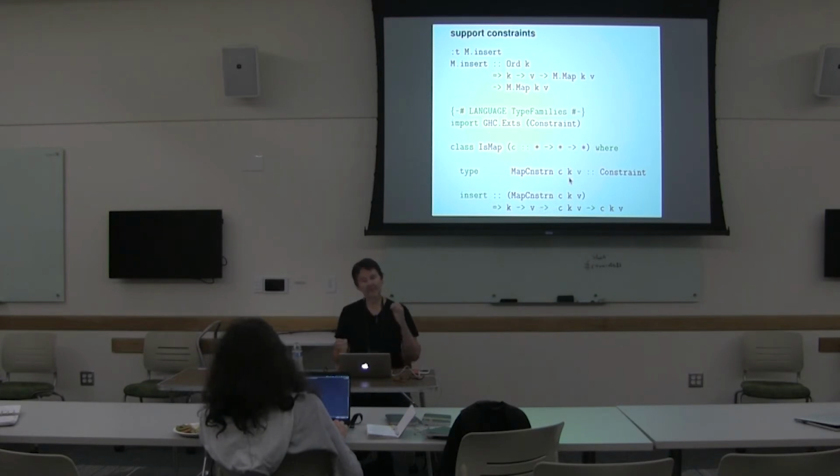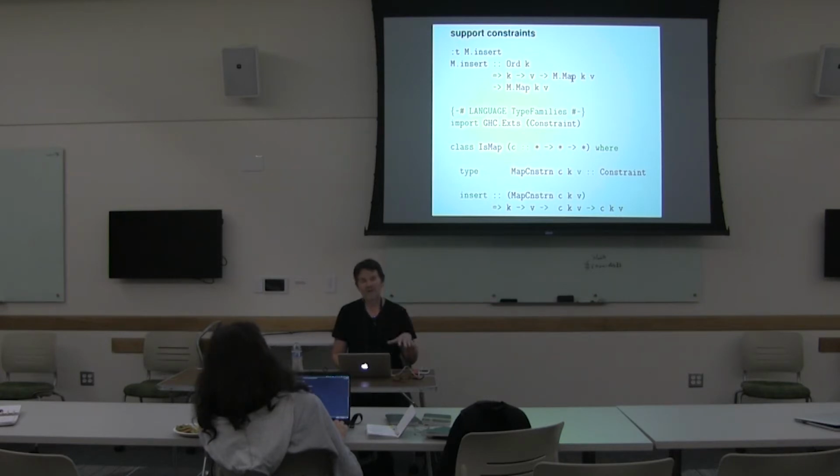And the next thing we need to do is, okay, well, that's the beginning. If we look at the type of insert of existing maps, it says not only do we need a key and a value and an existing map, and I'll return you a new map with that value inserted, it also has some constraints on the keys, and it's saying that they're ordered. And that's because this map requires an ordered key.